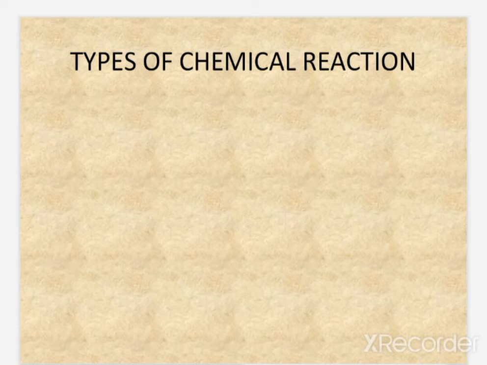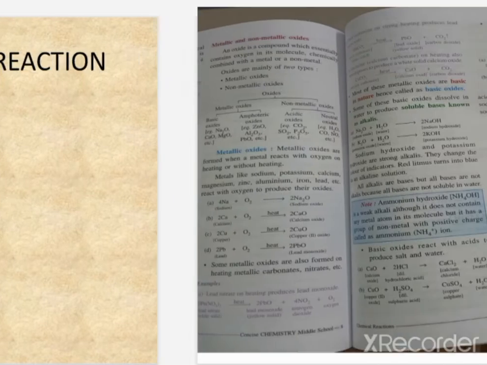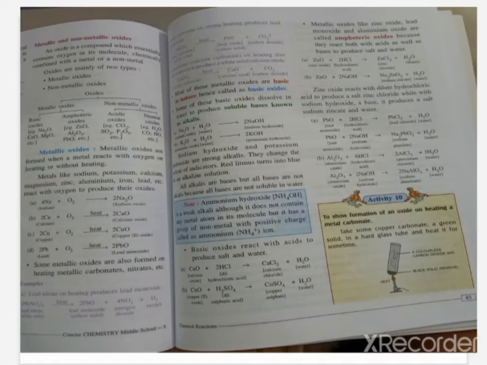Now you will see the chemical reaction is given in your book clearly. Okay, then we'll talk about a very important topic, that is metal oxides and non-metallic oxides. Now what are metallic oxides? The word itself says metal, and oxide means oxygen.